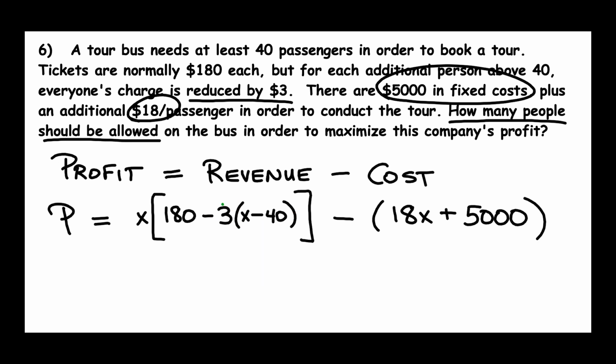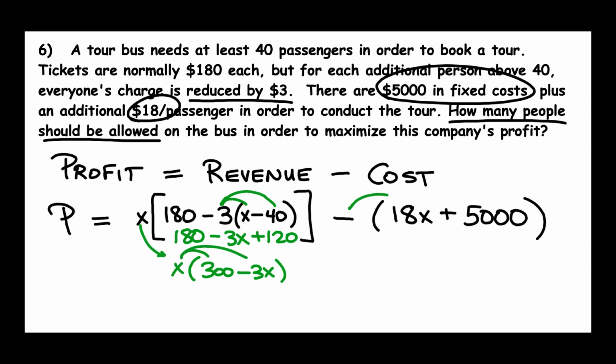Let's clean this up a little bit. This is negative 3x. Negative times negative is positive 120. There's also a 180 there. So that bracket is simply going to be 300 minus 3x, which looks a lot better. There's still an x in front. We can do distributive property here.